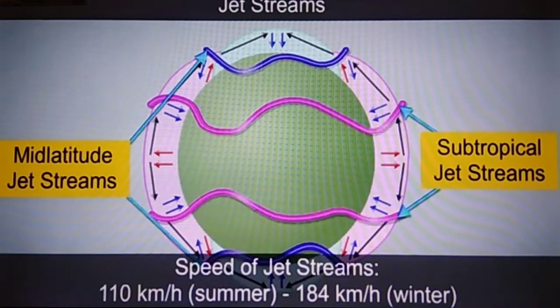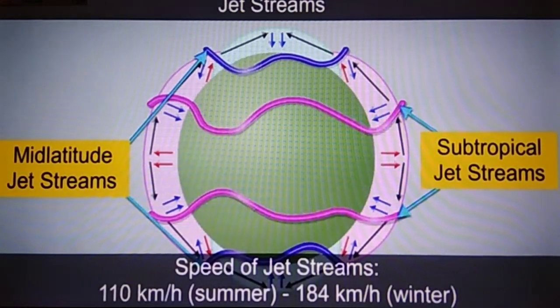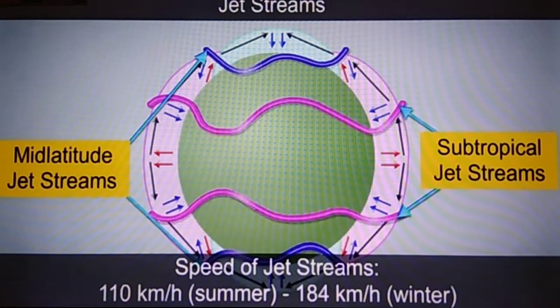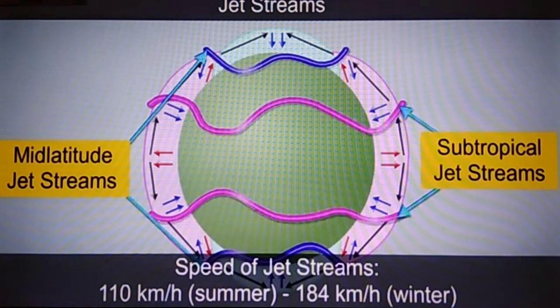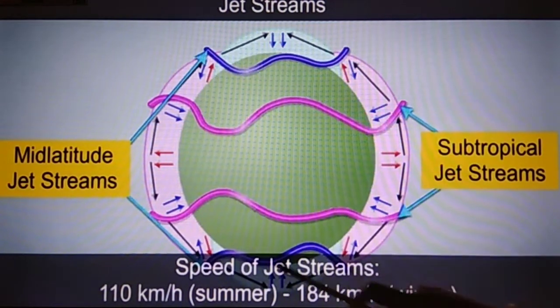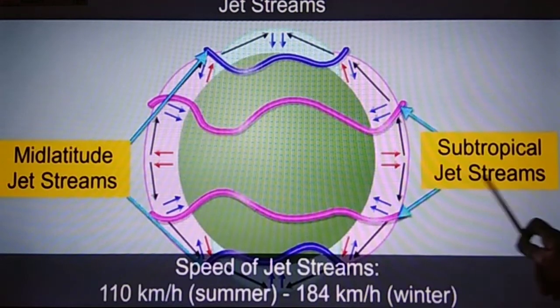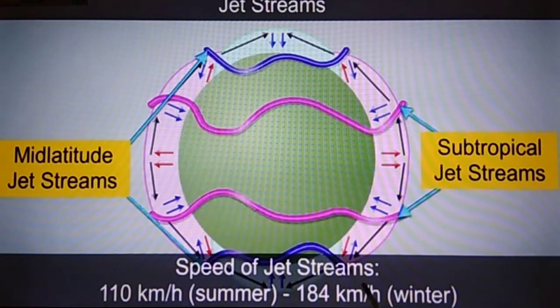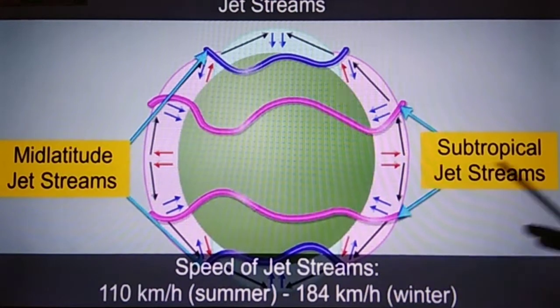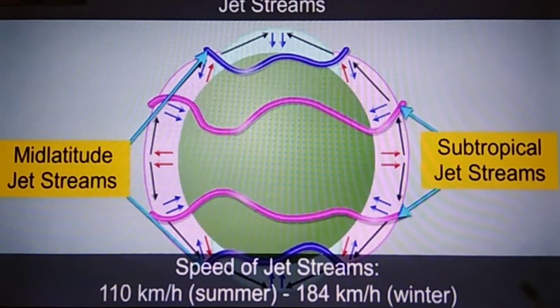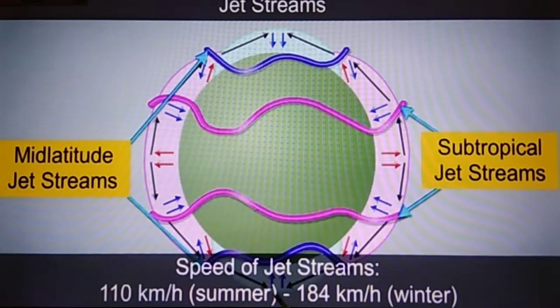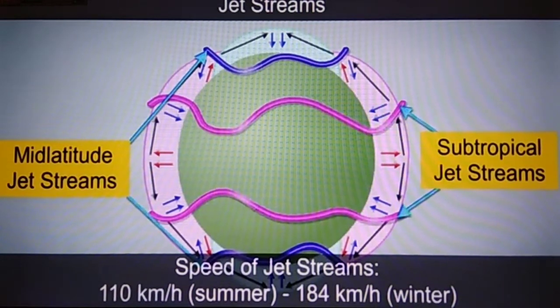Actually, a jet stream is an air current which determines the arrival and the departure of the monsoon. Clear? These air currents can be divided into two: mid-latitude jet streams and the subtropical jet stream. They are moving air, and they have a separate speed during the summer and during the winter. Clear? These are in the upper layer of the atmosphere.